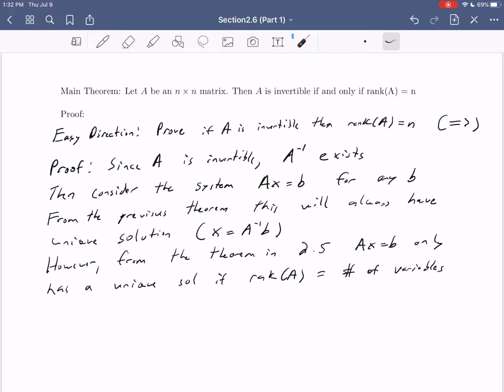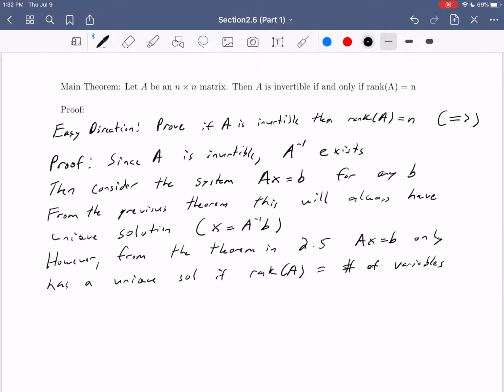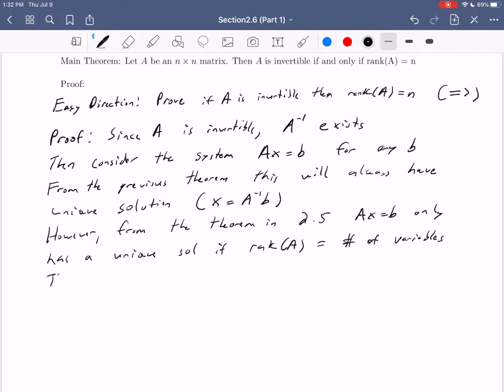And the number of free parameters is always based on the number of variables minus the rank of A. So you only get a unique solution if rank of A equals the number of variables. Thus, rank of A must equal the number of variables here, which is n. Check. So there we go. We proved the easy direction. We said that if we know A is invertible, then automatically we know that the rank of A is equal to n. So that gives us the forwards direction of this if and only if.